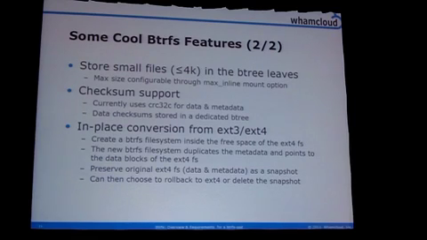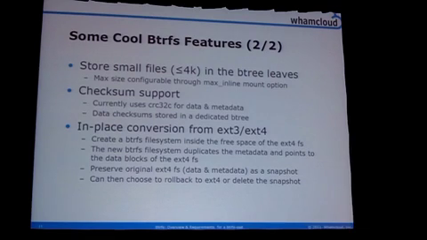One last interesting feature is the in-place conversion from ext4. There is a tool called btrfs convert, which creates a btrfs file system inside the free space of an ext4 file system. The ext4 file system is available as a snapshot. Basically, the btrfs file system duplicates all the metadata and points to the data blocks of the ext4 file system.